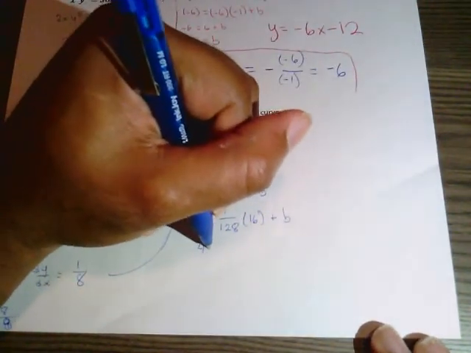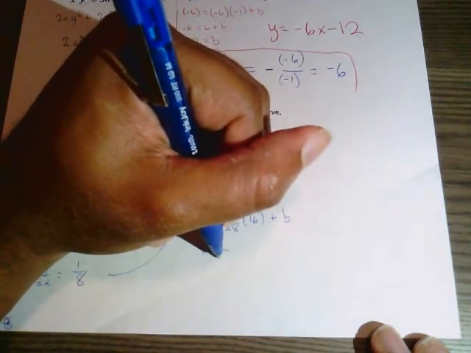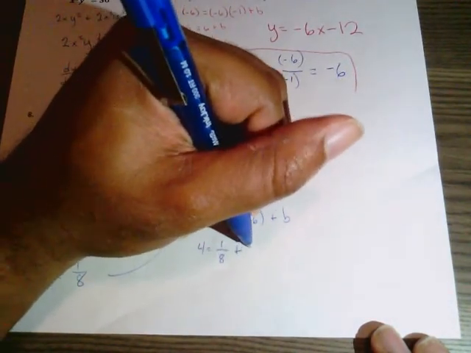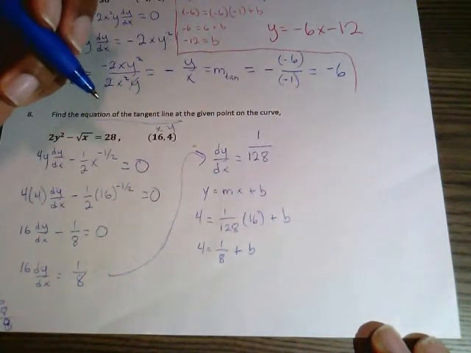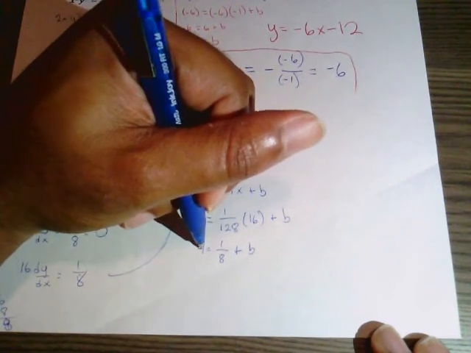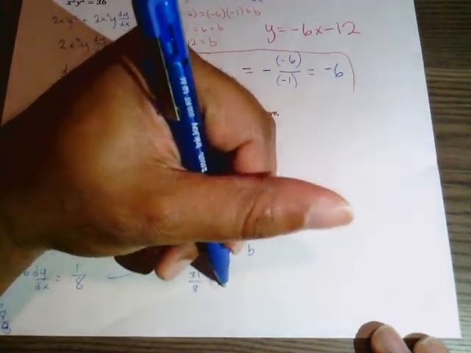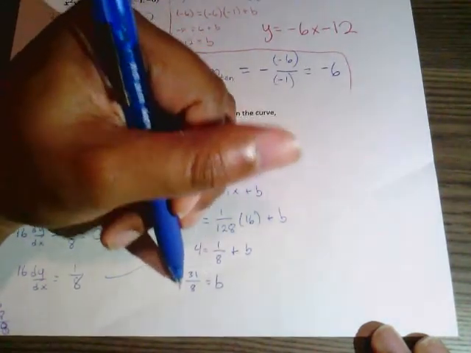So we'll have 4 equals 16/128, which would be 1/8, plus b. And then we subtract 1/8 from both sides. 4 is 32/8, so 32 minus 1 will be 31/8 equals b.